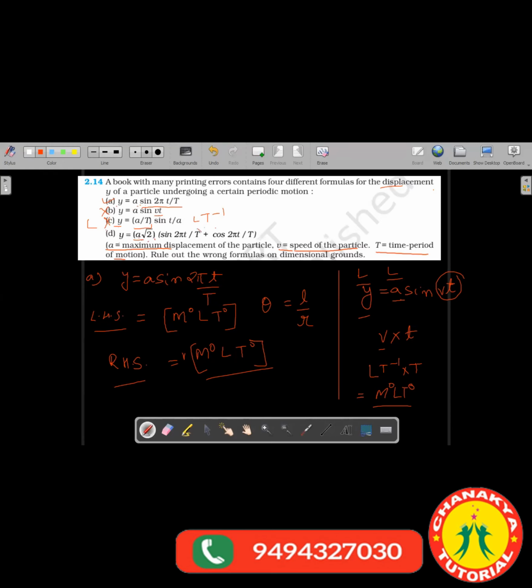Now we check for the theta. The dimensions of theta are again dimensionless for both of them, for 2 pi t by T and 2 pi t by T. Yes, sir. Okay. So this formula D also seems to be dimensionally correct.